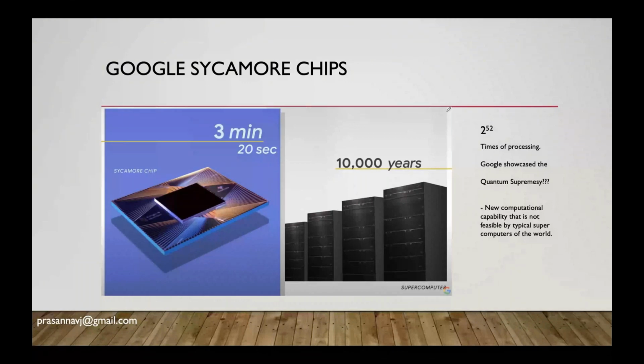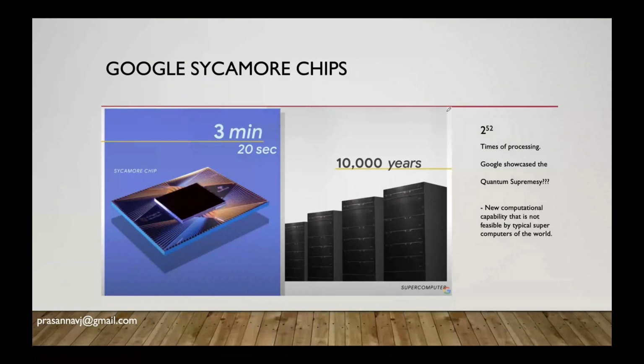To give you a comparison, the operations that they could achieve in 3 minutes 20 seconds using the Sycamore chip would take a classical supercomputer 10,000 years to achieve. This slide will give you the potential of a quantum computer. So the quantum supremacy was achieved with just 40 qubits, and whatever that quantum computer can achieve in 40 qubits, currently we don't have a supercomputer that can perform those calculations.